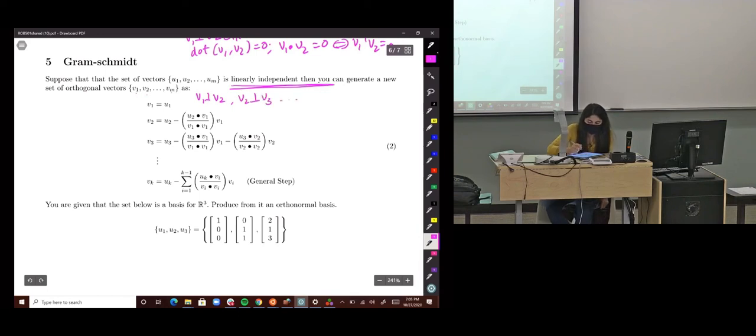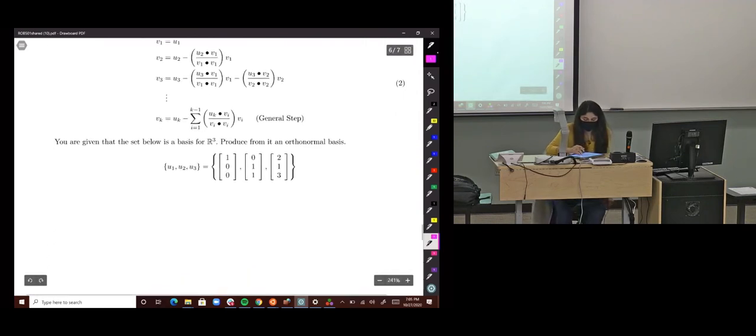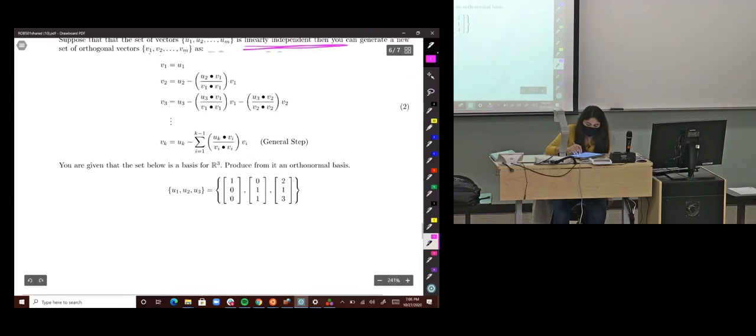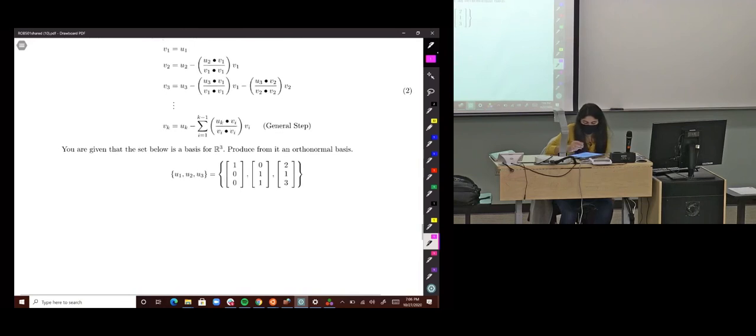All of them are mutually orthogonal. And the way to do that is using Gram-Schmidt. The first element is equal to u1, the second element is given like this, and we can work it out in this example.